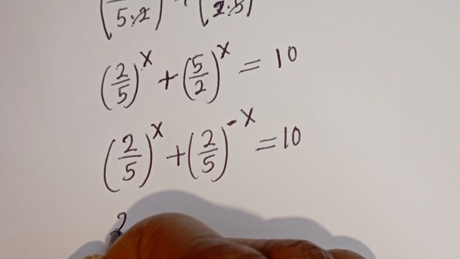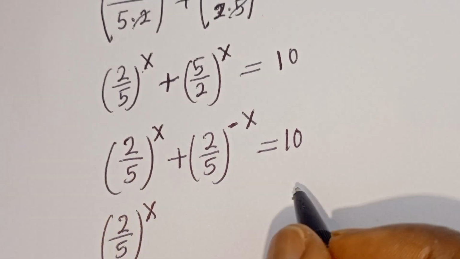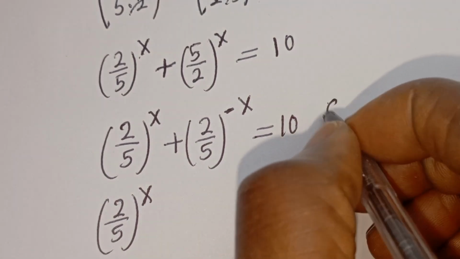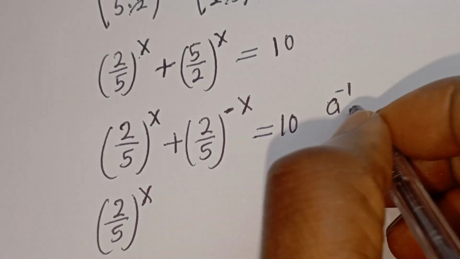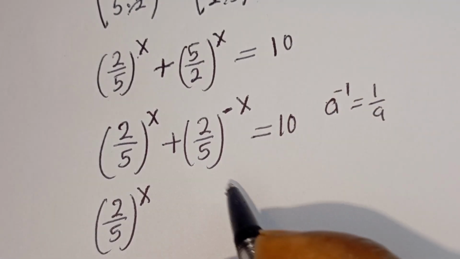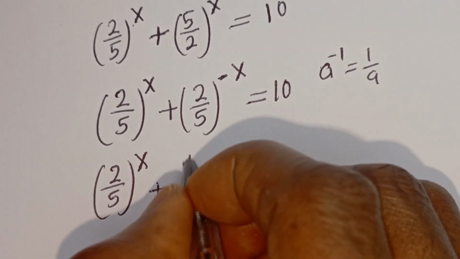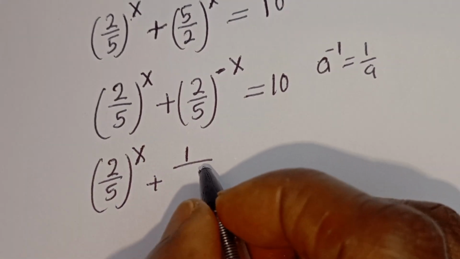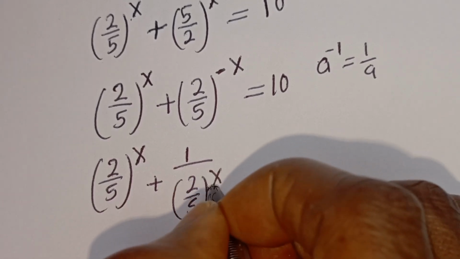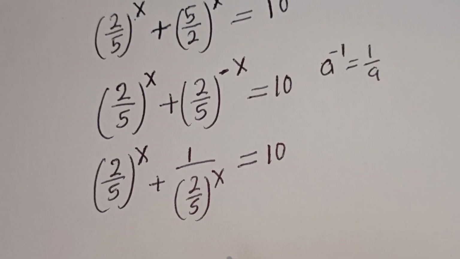Now this is 2 divided by 5 to the power of x. Take note of this: if you have a to the power of minus 1, this is equal to 1 over a. So this can be written as plus 1 divided by 2 divided by 5 to the power of x is equal to 10.